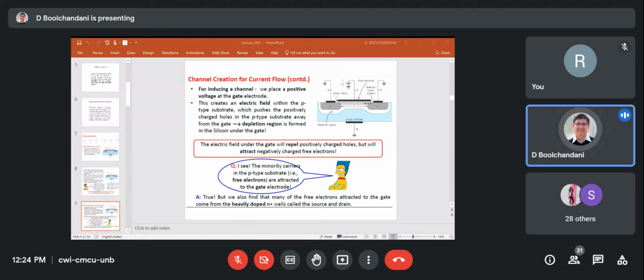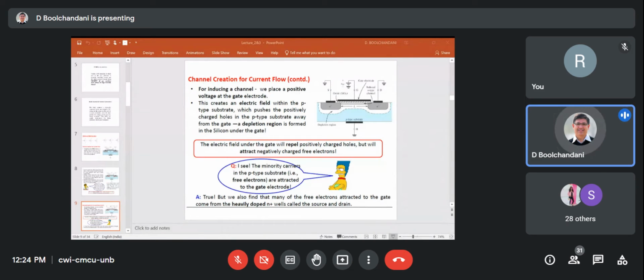There was a depletion region between the source and substrate because this was N and this was P. There was a depletion region between drain and substrate because the PN junction is here. And at the PN junction, you have a depletion region. But then you also have a depletion layer between the gate region and the substrate, because the positive potential of the gate has pushed down the holes from this region to deep down.